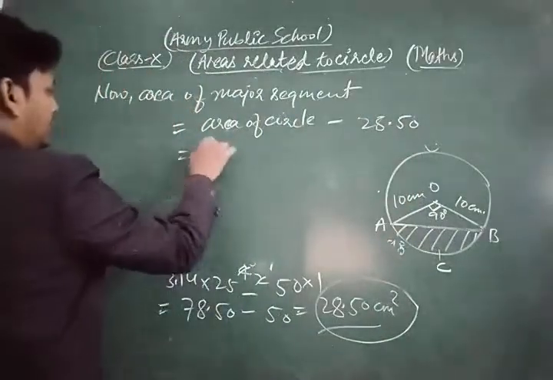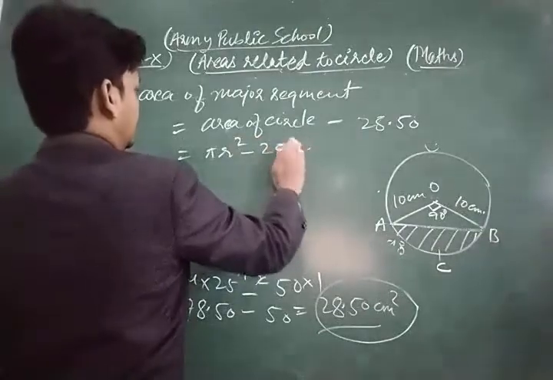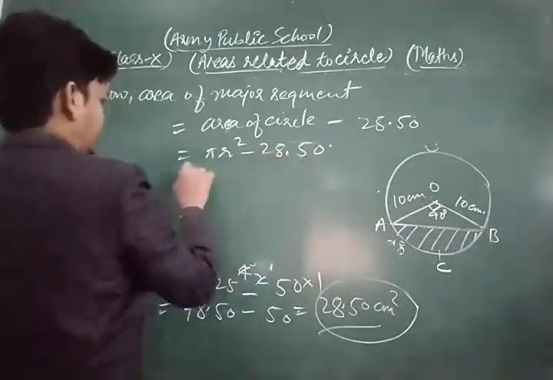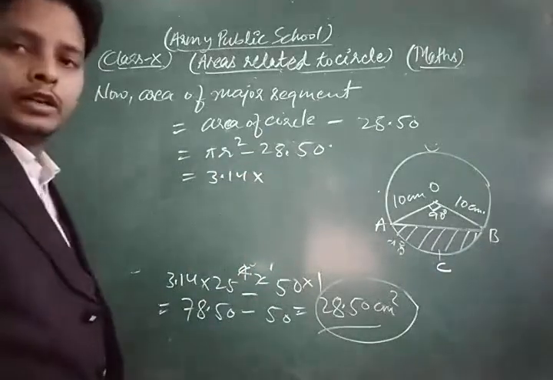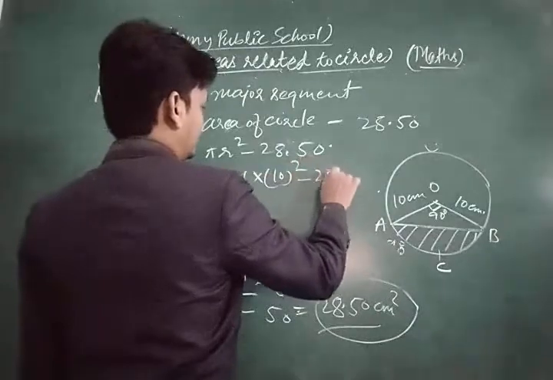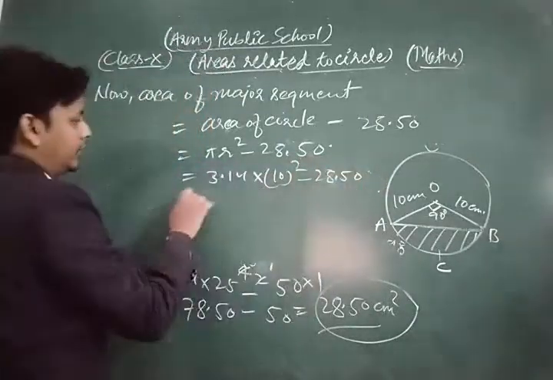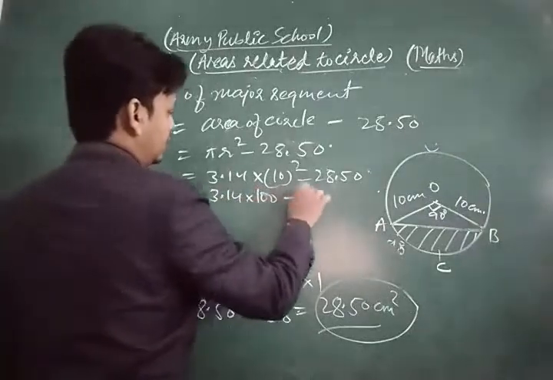Now area of circle is what? Pi r square, minus 28.50. So this is 3.14 into 10 square, that is 100.